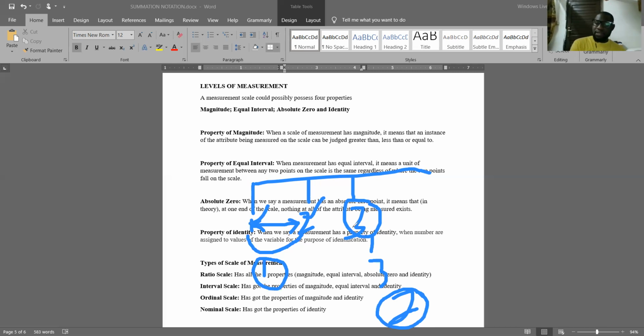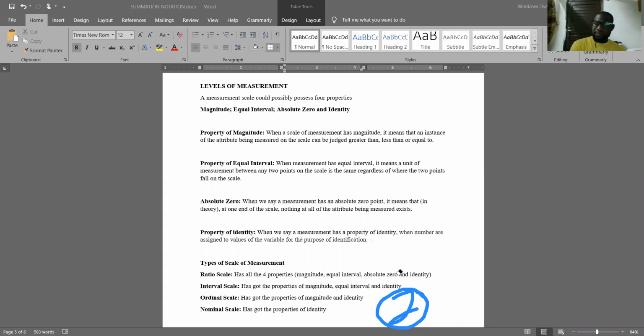All right, so that's all when it comes to scales of measurement.